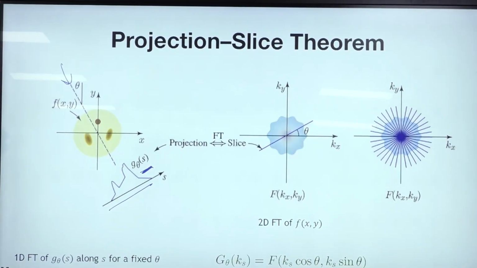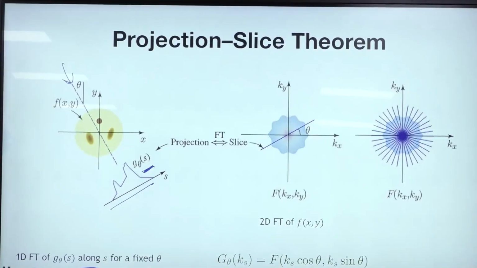Okay, good. So the 1D Fourier transform, where s is the variable and theta is the parameter, so take the Fourier transform with respect to s. Then for that theta you get G of k_s. So k_s is the Fourier variable that we are using.